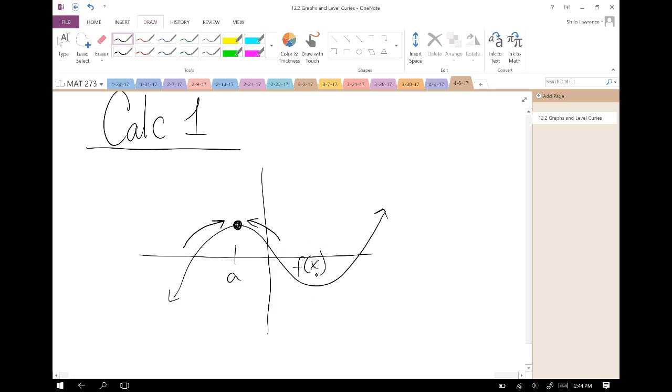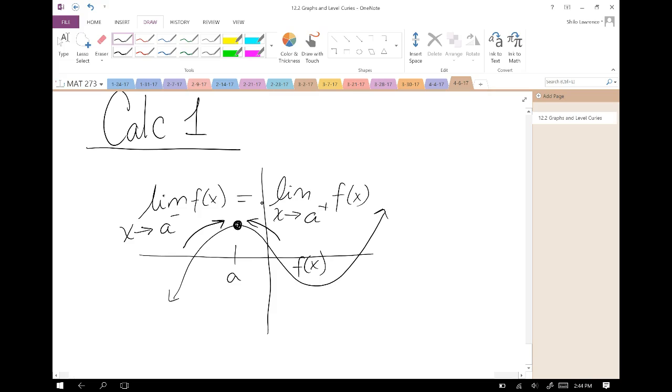So if this is the graph for f of x, we had to show that the limit as x approaches a from the left and the limit as x approaches a from the right for f of x were equal.